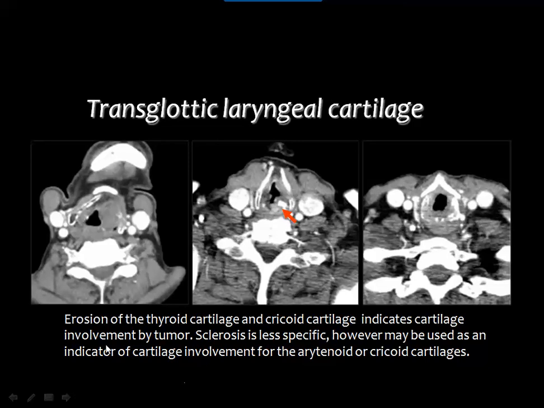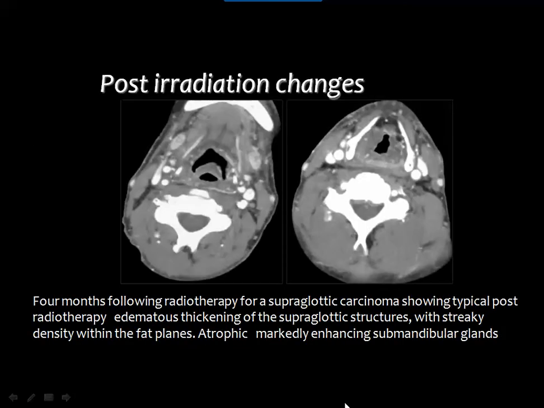It has a component in the supraglottic area invading the glottic region. This is a sclerosis of the arytenoid cartilage, and it has also a component in the subglottic area with invasion and destruction of the cricoid cartilage.